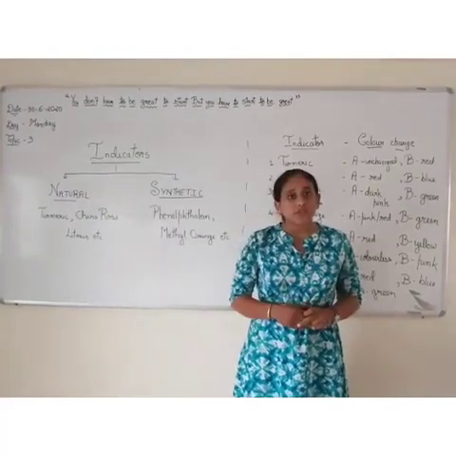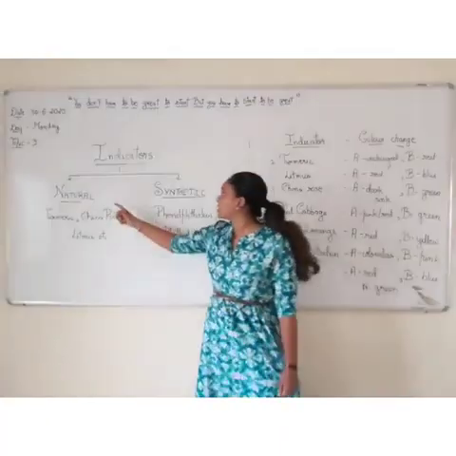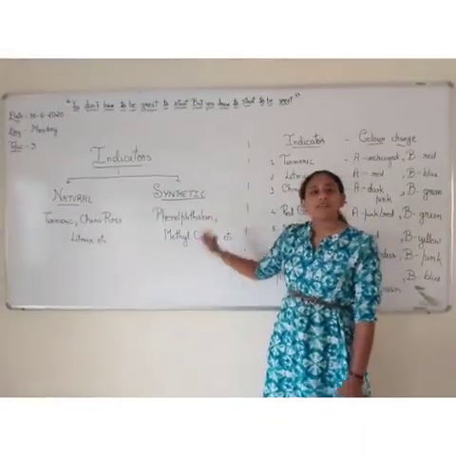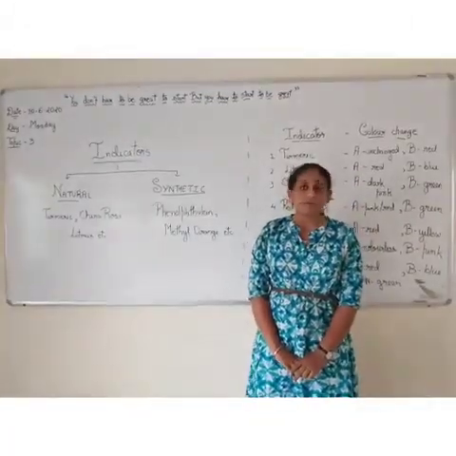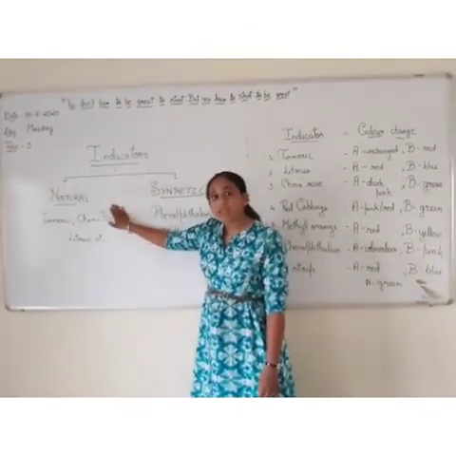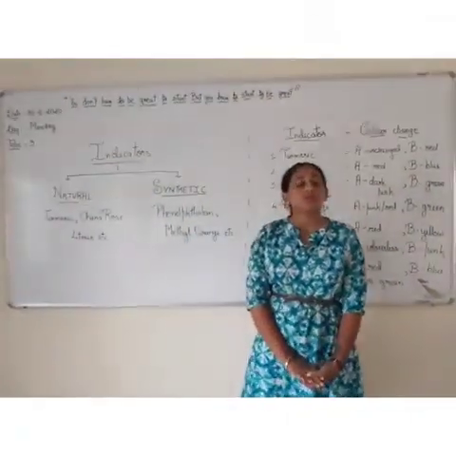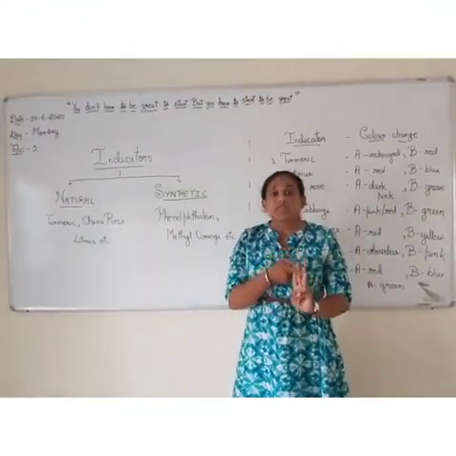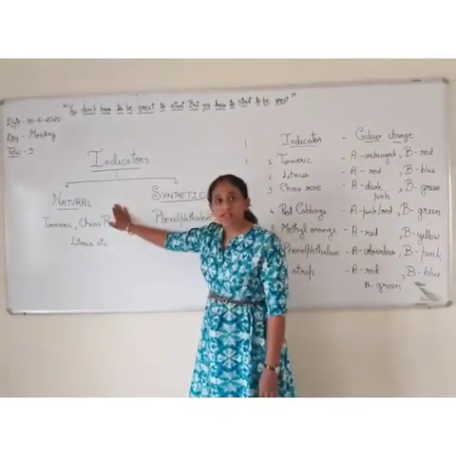There are two types of indicators. The first type is natural indicators and the second type is synthetic indicators. As the name suggests, natural means the indicator which is naturally produced or obtained from plants, fruits, vegetables. They are called natural indicators.